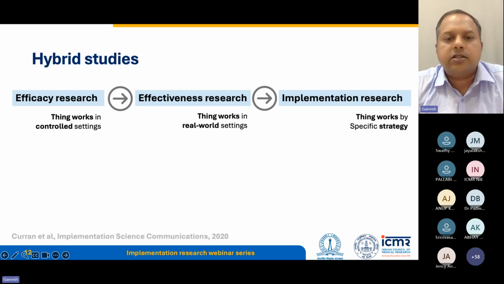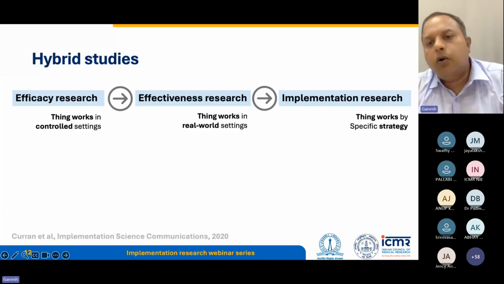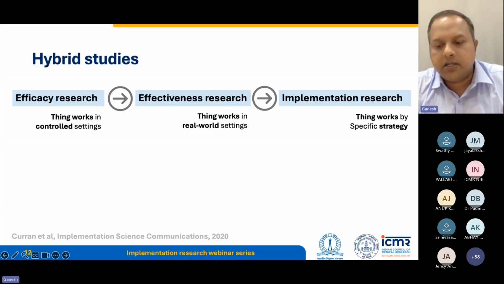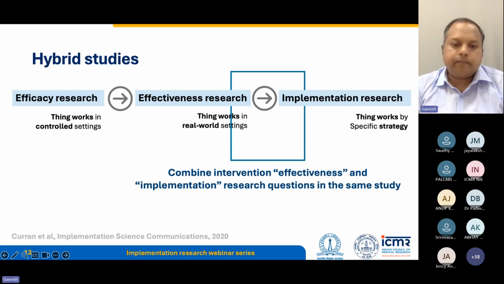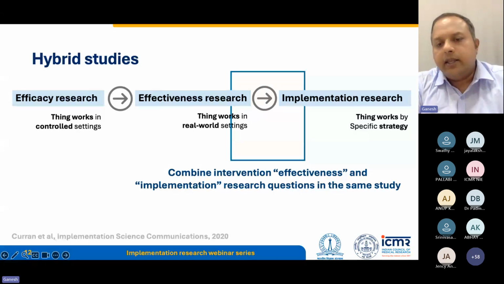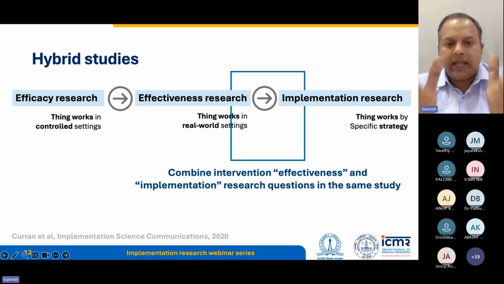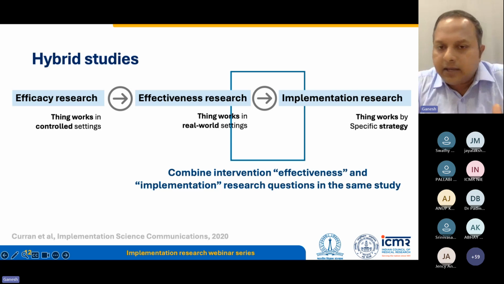Even at an early stage of evidence, we can still go ahead with an implementation research, and that type of arrangement is called hybrid studies, which combines the intervention effectiveness and implementation research questions in the same study. This type of hybrid study saves time.